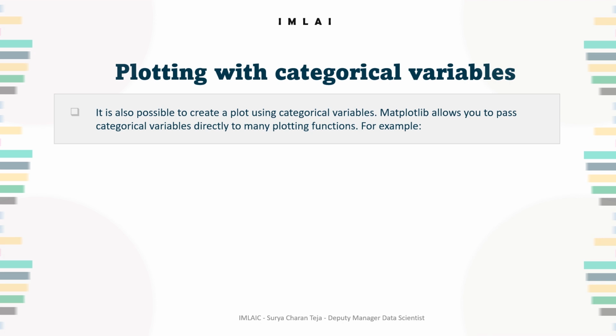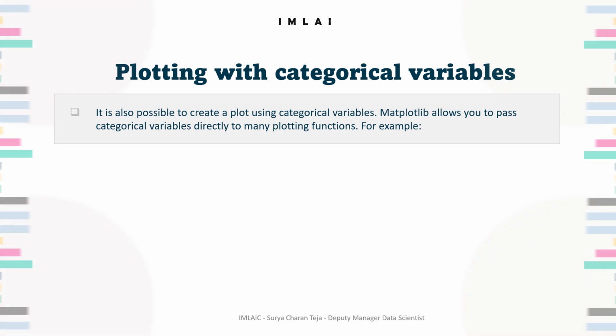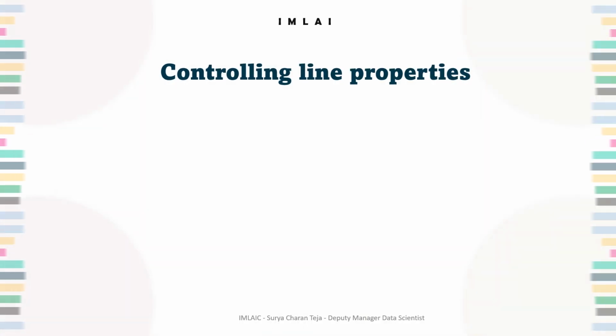For the whole first module, we used the object-oriented style to create graphs and plots, whereas in the second module we'll be using only the pyplot style. That's the reason the module name itself is Exploring Pyplot. Clear? So now let's look into another topic of pyplot style.